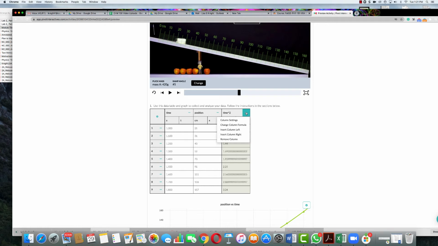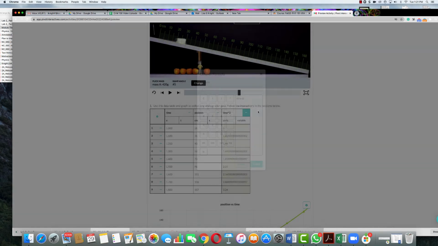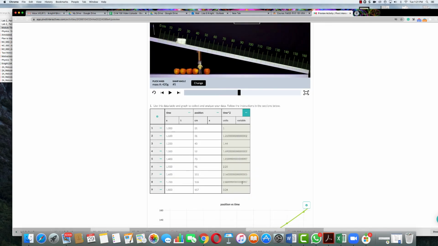So I went to change column formula. And I just put t times t, or I went time, and then the asterisk, and then time, and I pressed submit. And I just wrote my formula in there, and it did the math for me. My units are going to be seconds squared, and my variable is going to be time squared.